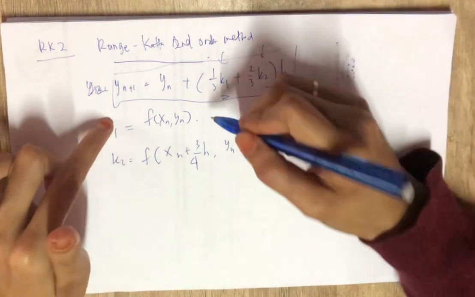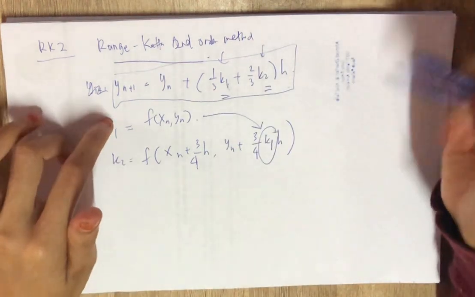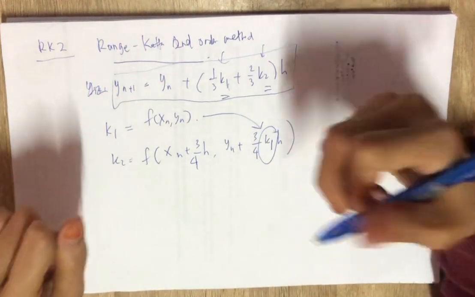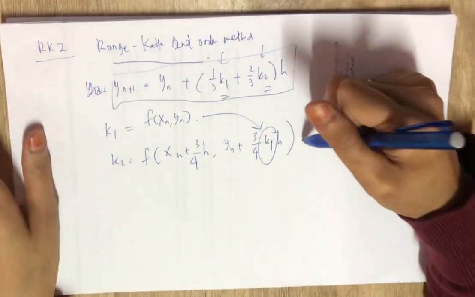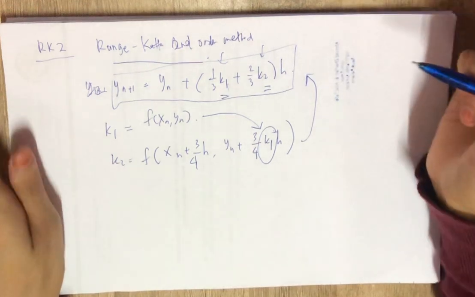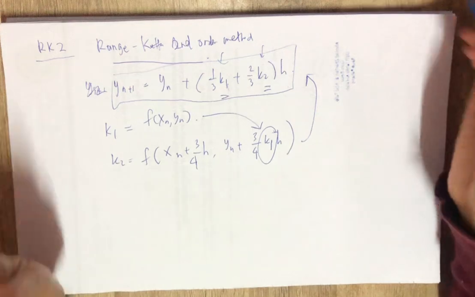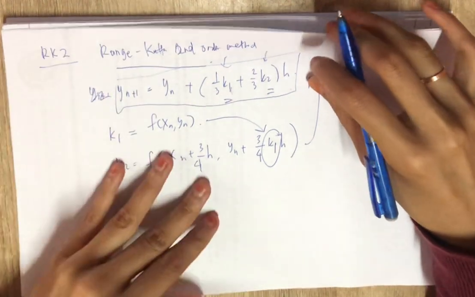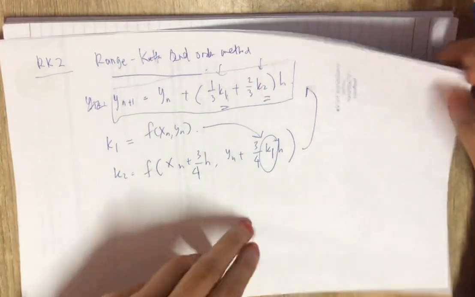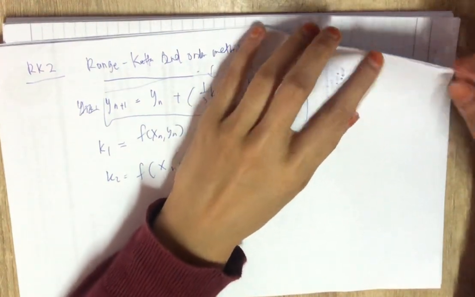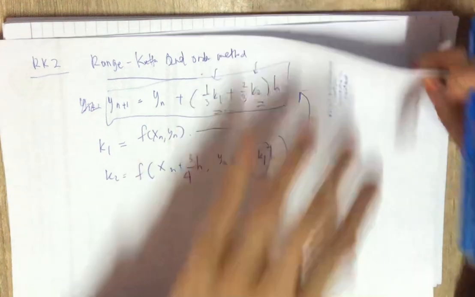Then you substitute your k1 into here, and obviously your k2 will also be wrong. Because k1 is wrong, k2 will be wrong, and then y_n will also be wrong. So be careful, please avoid careless mistakes, because numerical methods are like this, it will affect everything.